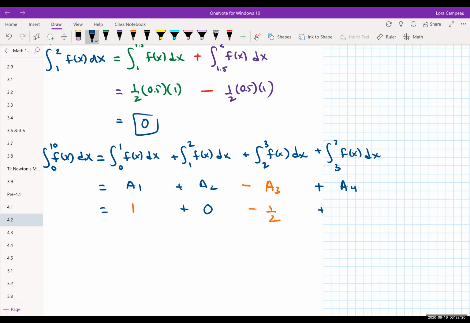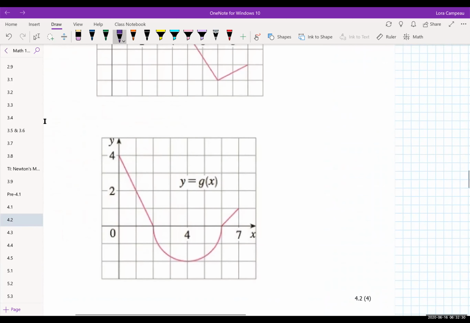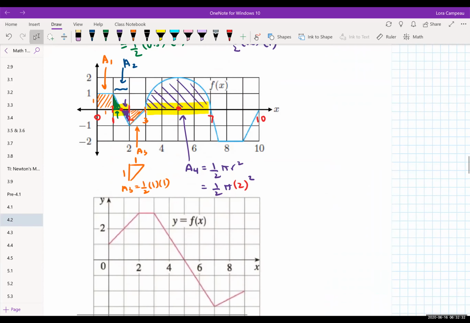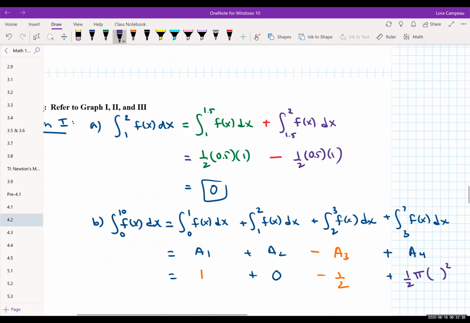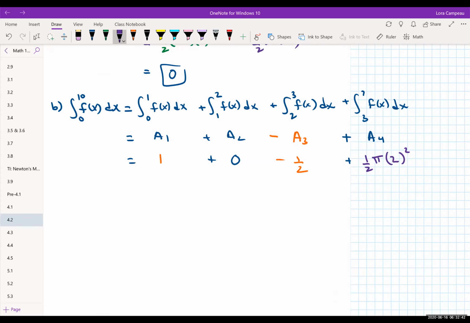And that area happened to be, it's a half circle, so 1/2 times pi r squared. Just remind us what it looked like. Be a little careful here. It looks like the radius is 2 units. So that's where we have that. And I can clean it up in a second. I just want to make sure we're seeing how we're breaking this part.